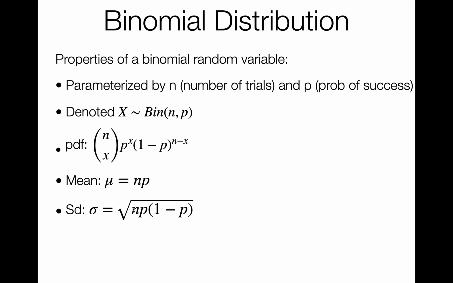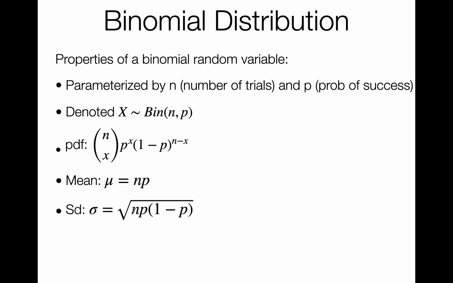If I had 10 trials, n times the probability of success p, 0.5, 10 times 0.5 is 5. And so 5 is the mean, which is what you would expect. Hopefully your intuition matches the mathematical formula for the expected value.